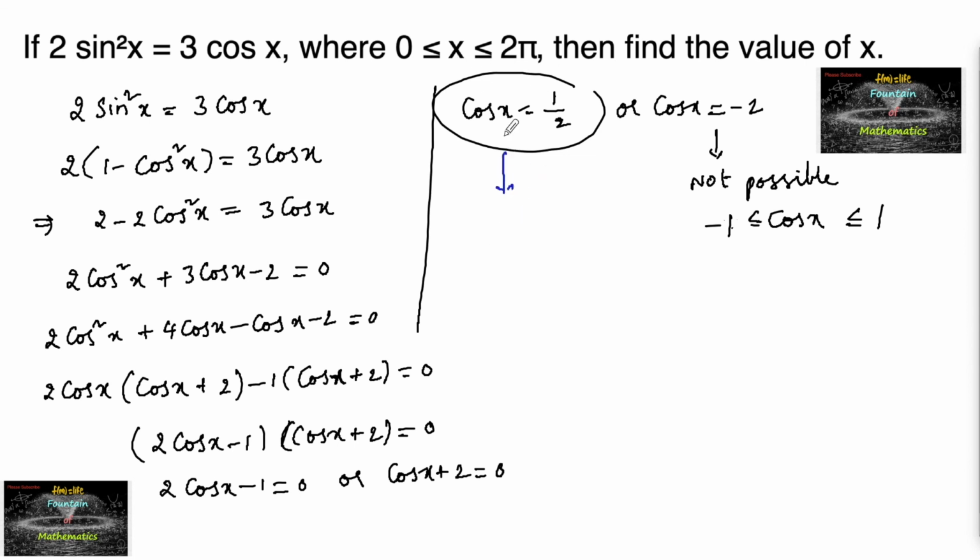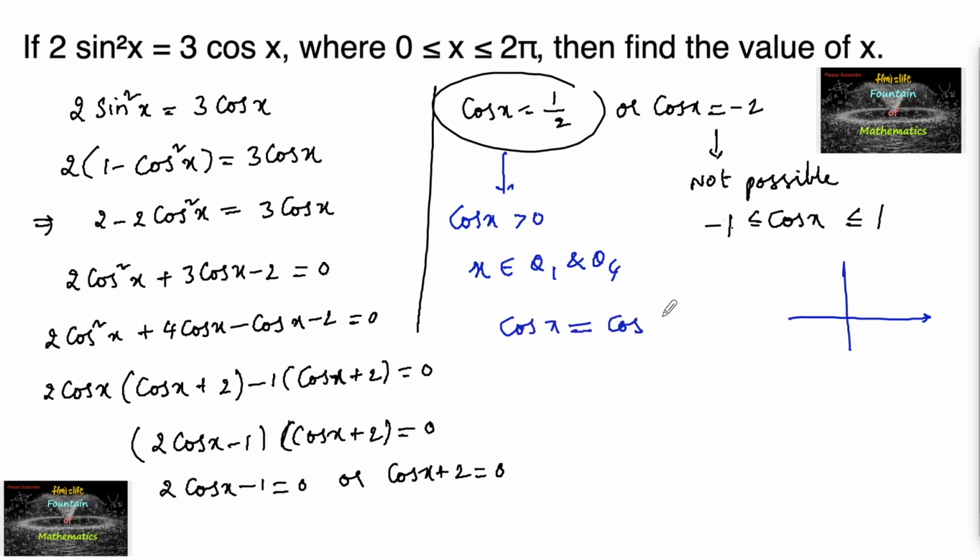And in 0 to 2 pi, cos x is positive for x belonging to the first quadrant and fourth quadrant. So in the first quadrant we can consider 60 degrees. Cos x is equal to 1 by 2, that is cos pi by 3.